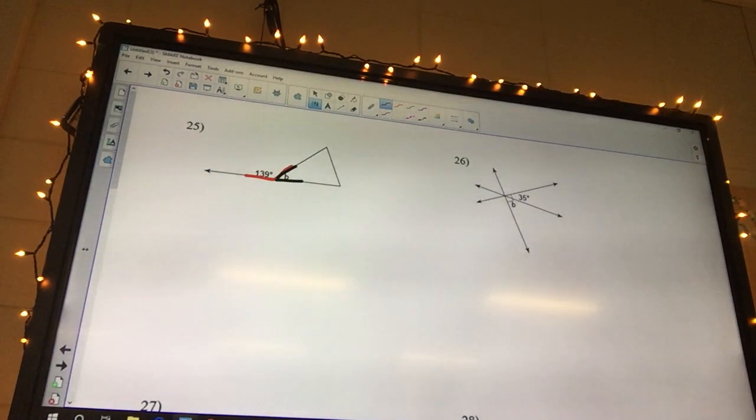They're 180. Why are they 180? Because it's a straight line. And what other vocab word could you use for those angles? Supplementary. Okay, but what other vocab word could you use? Linear pair. Yeah. And then what else?